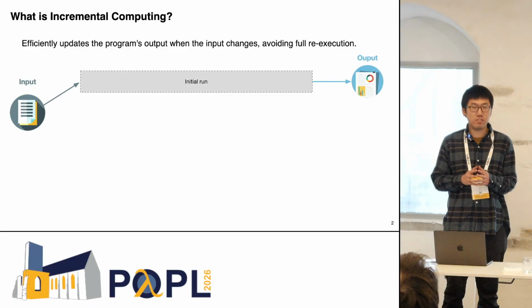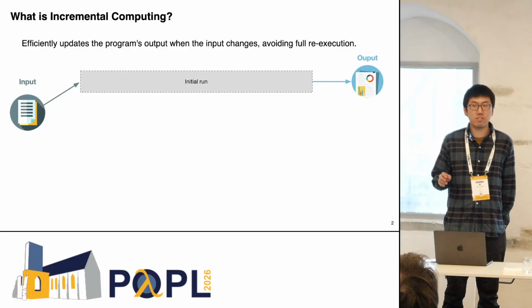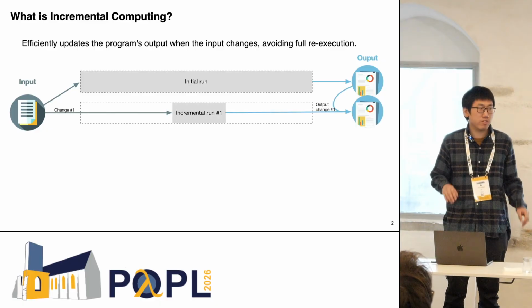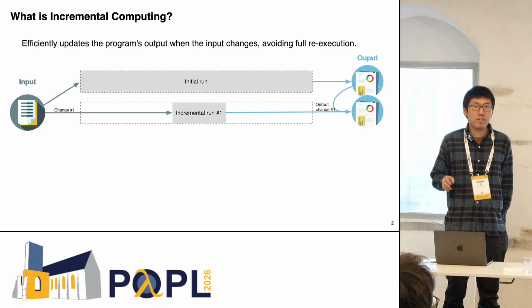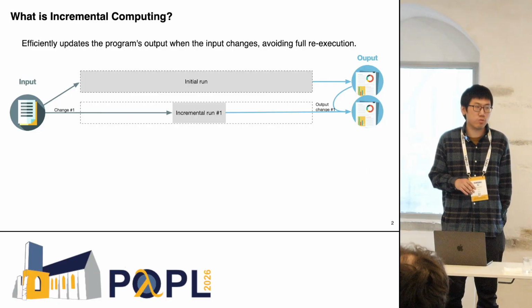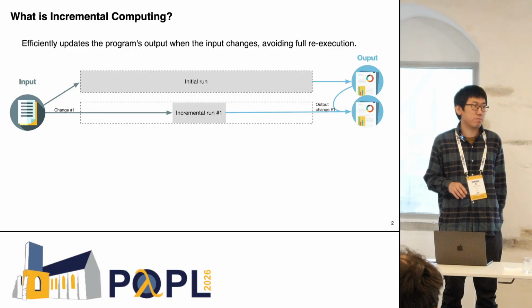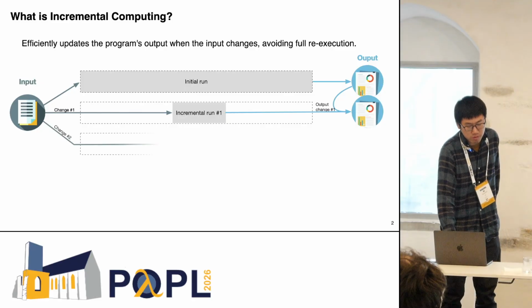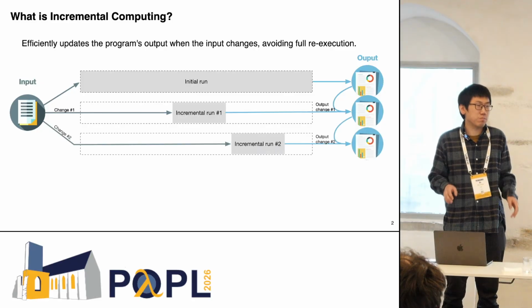The first phase is called initialization, which is like a normal program that takes an input and maps it to an output. After that, whenever there is a change to the input, the incremental computation applies a slightly different strategy to update the program's output. This process repeats every time the input changes.